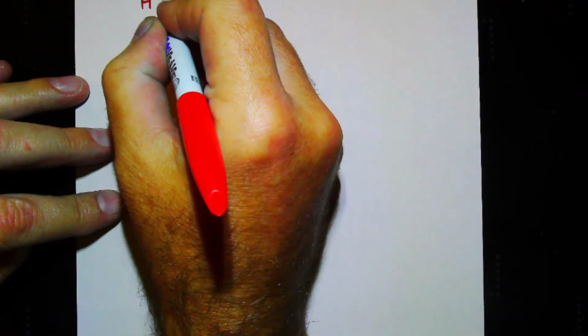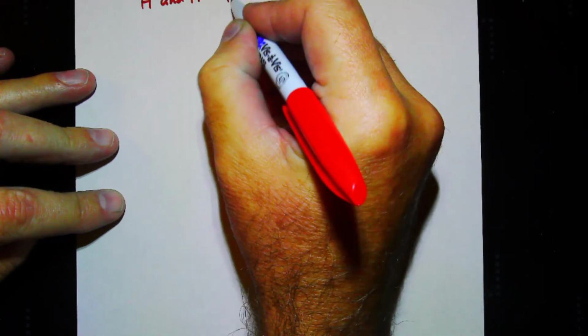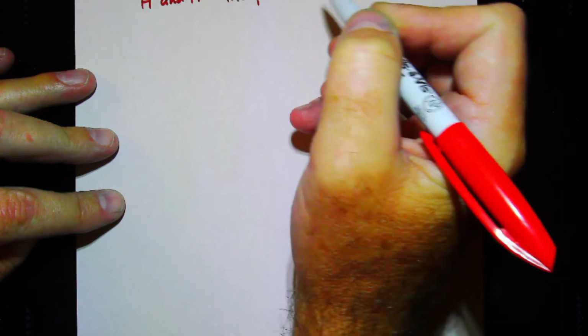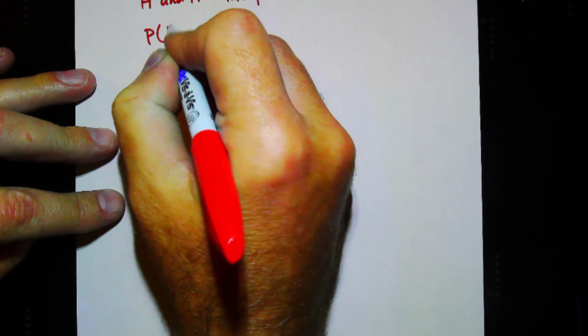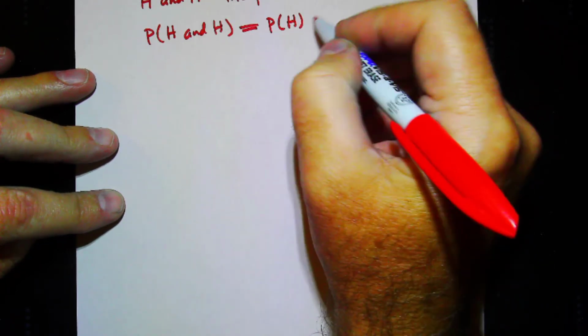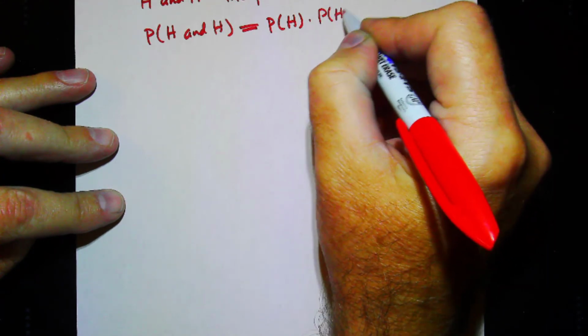Getting a heads and a heads, these are independent events normally. So getting a heads and a heads for independent events would be the probability of getting a heads times the probability of getting a heads.